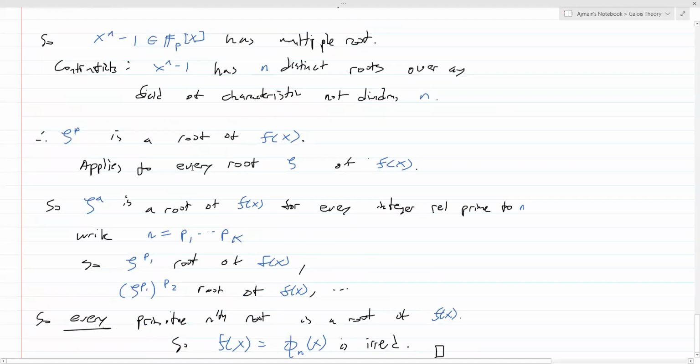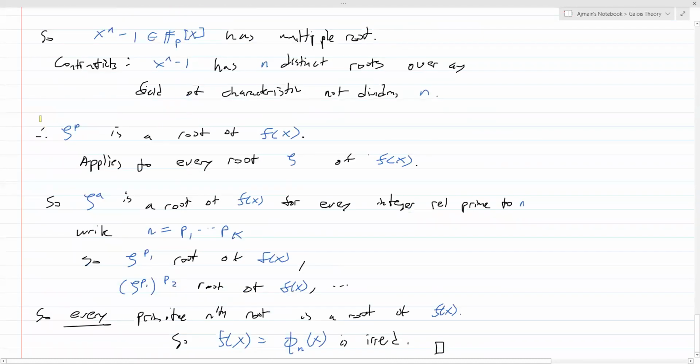So all of this is to conclude that zeta to the p is a root of f of x. We started with zeta as a root of f. Now we know that zeta to the p is a root of f, where p is some prime not dividing n. And this applies to every root of f. So zeta to the a is a root of f for every integer a relatively prime to n.